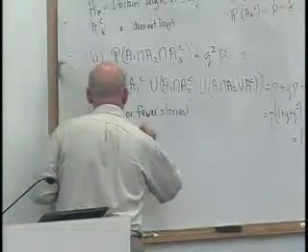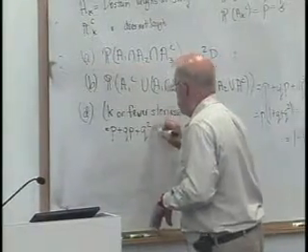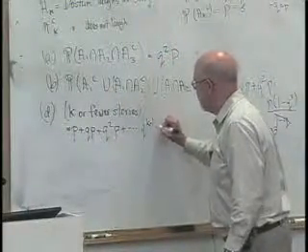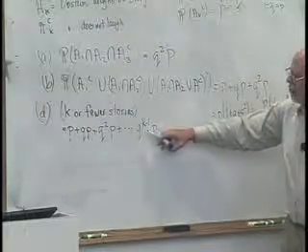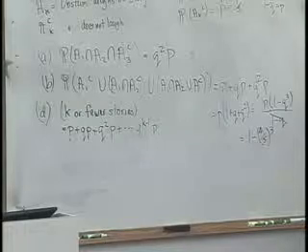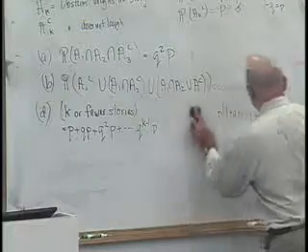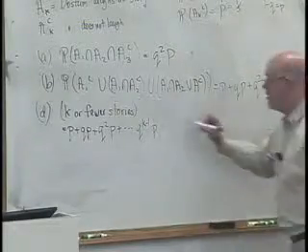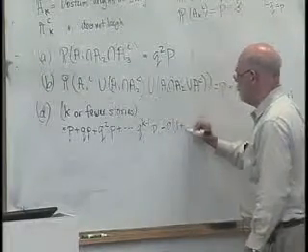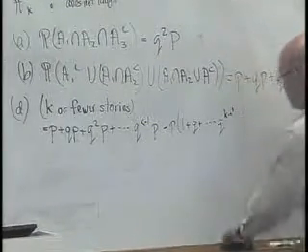It's P plus QP plus Q squared P, and the very last term is Q to the K minus 1 P. That's the case where she's turned over after telling precisely K stories, the first K minus 1 of which are funny. So this is P times 1 plus Q plus on up through Q to the K minus 1.